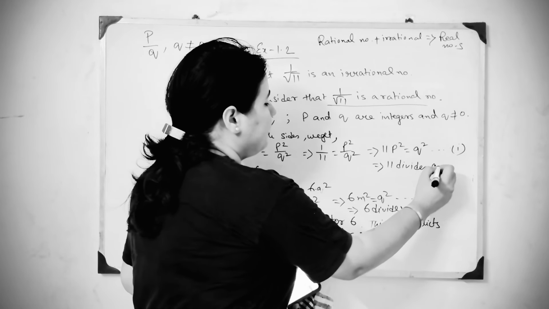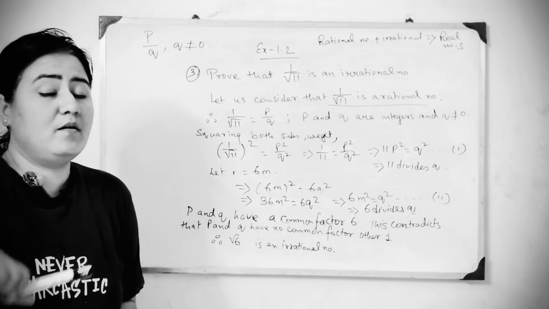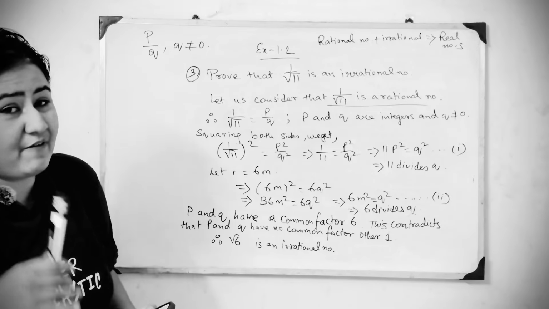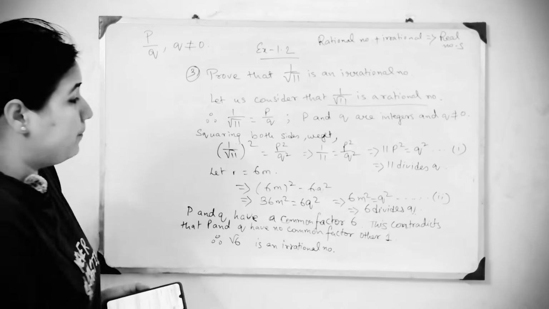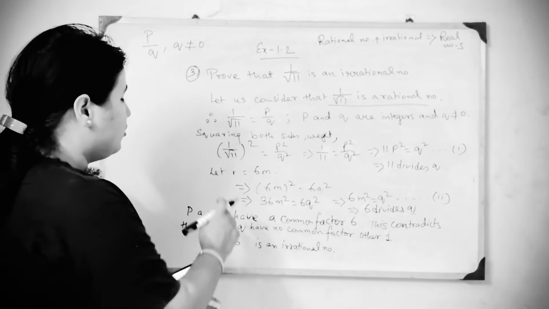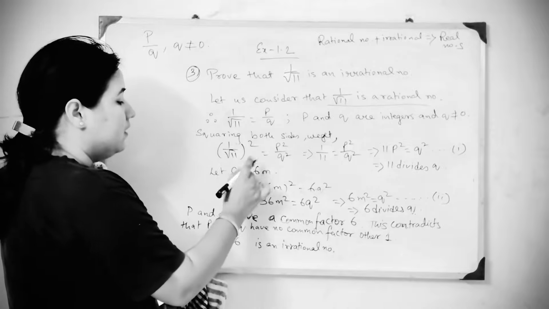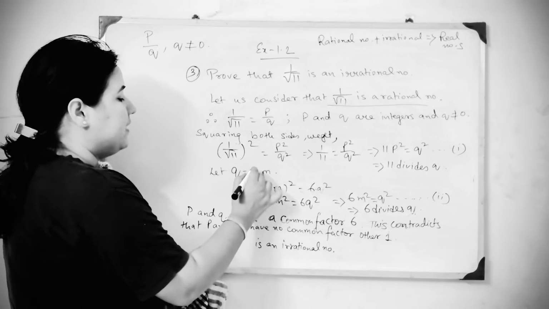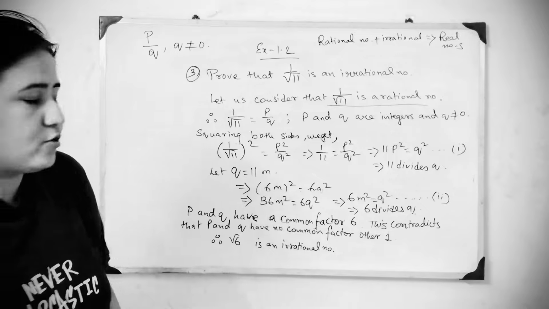Please see the difference: previously we saw 6 divides p, 5 divides p, but from here I can conclude that 11 divides q. So now let q equal 11m.